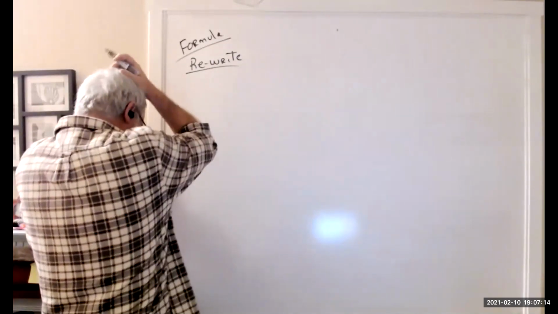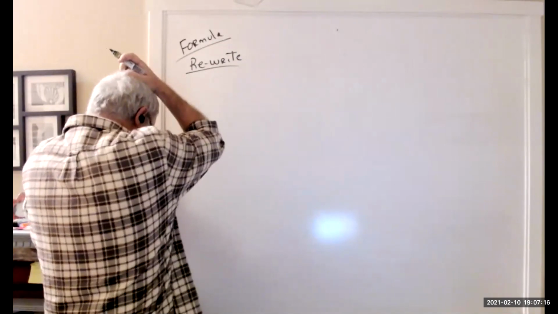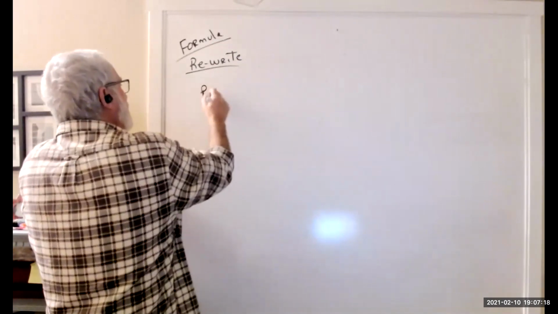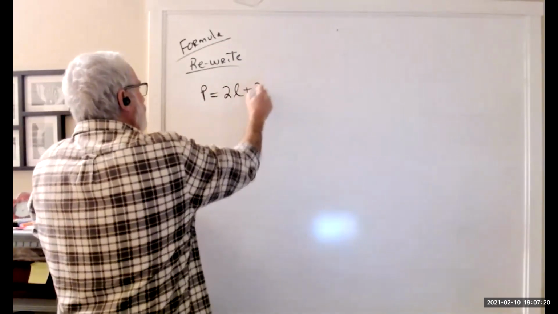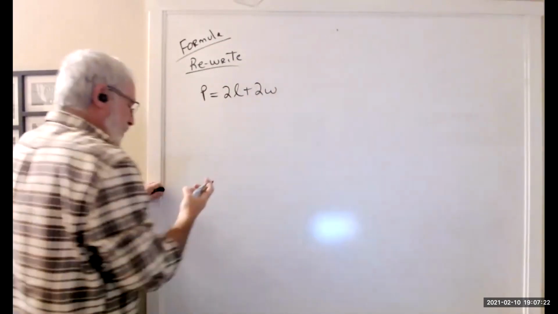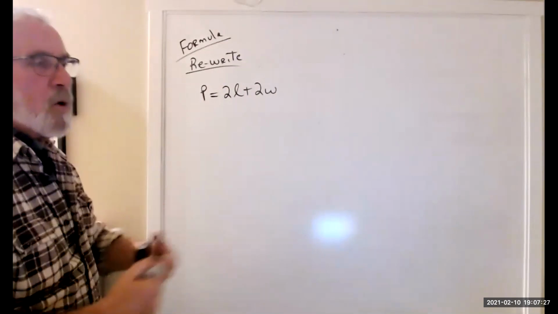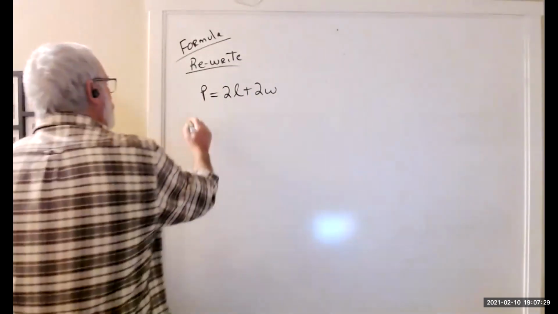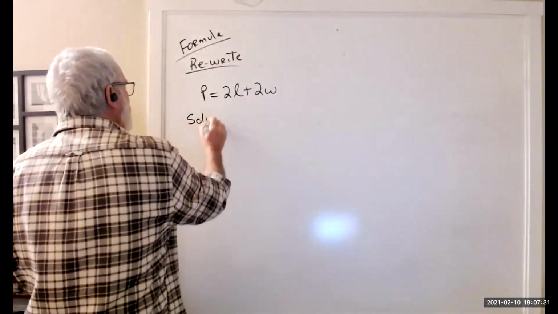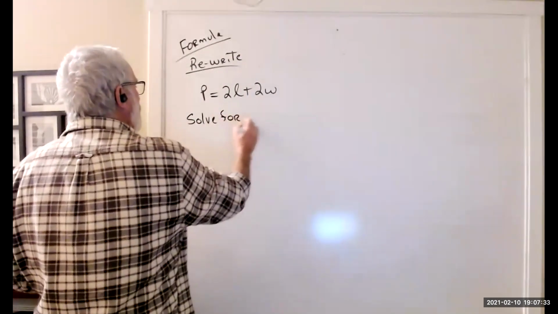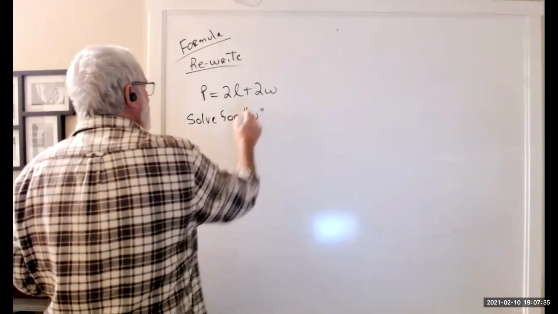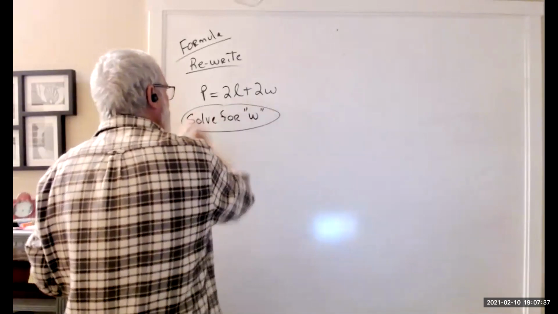Let's take an easy one: P equals 2L plus 2W. And I said, I want you to solve for W. That's what the directions were.